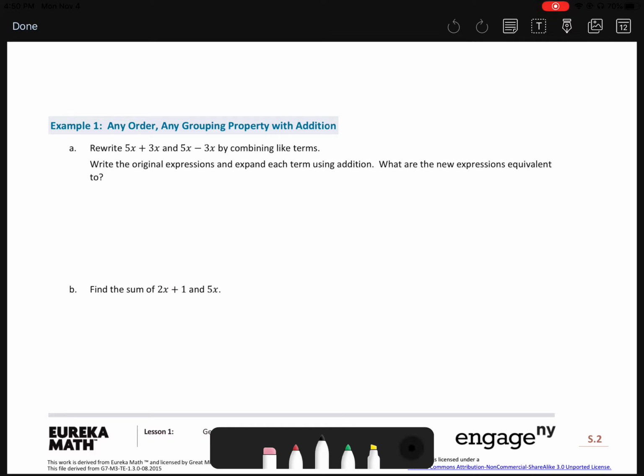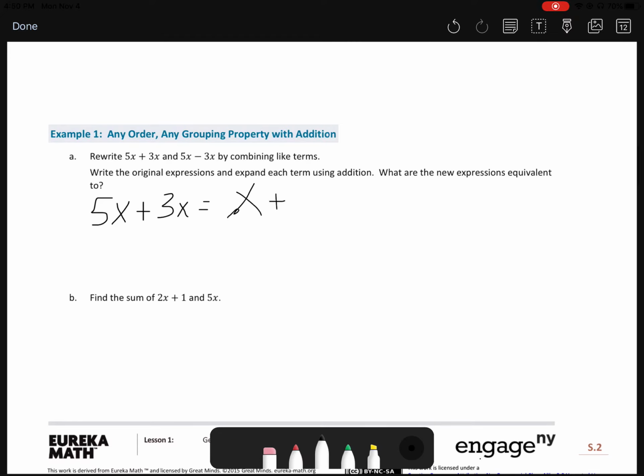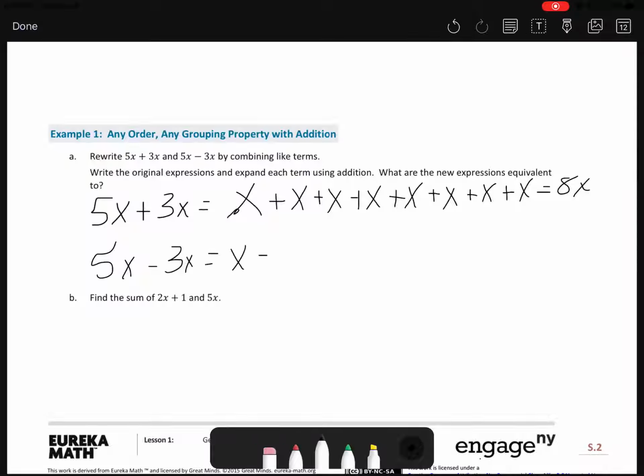So let me rewrite that again real quick. 5x plus 3x equals 1, 2, 3, 4, 5, 6, 7, 8 equals 8x. 5x minus 3x equals 1, 2, 3, 4, 5, and I'm going to take out 3x, and that equals 2x.